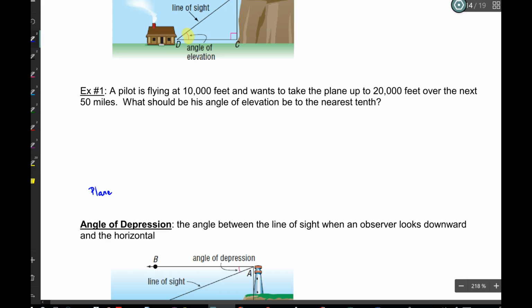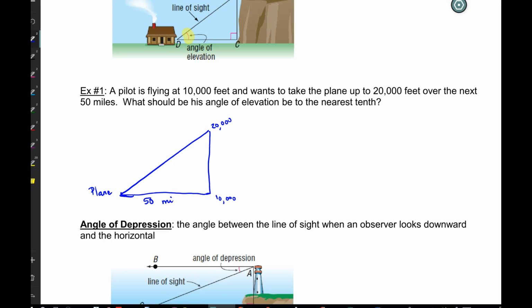Sorry, I can't draw a plane. And you want to fly up. Imagine right here at level, this is at 10,000, and we want to get up here to 20,000 feet over 50 miles.